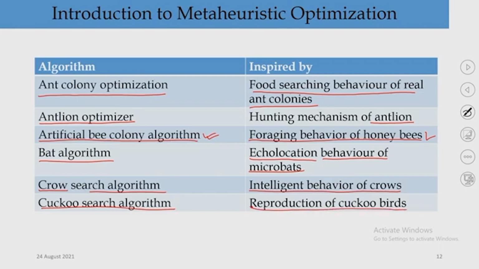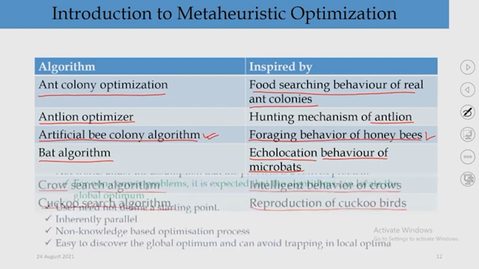These are some of the metaheuristic algorithms, inspired by different phenomena happening in nature. If you look at these algorithms, they are not using gradient information, which I will also explain. They are only using the function value.